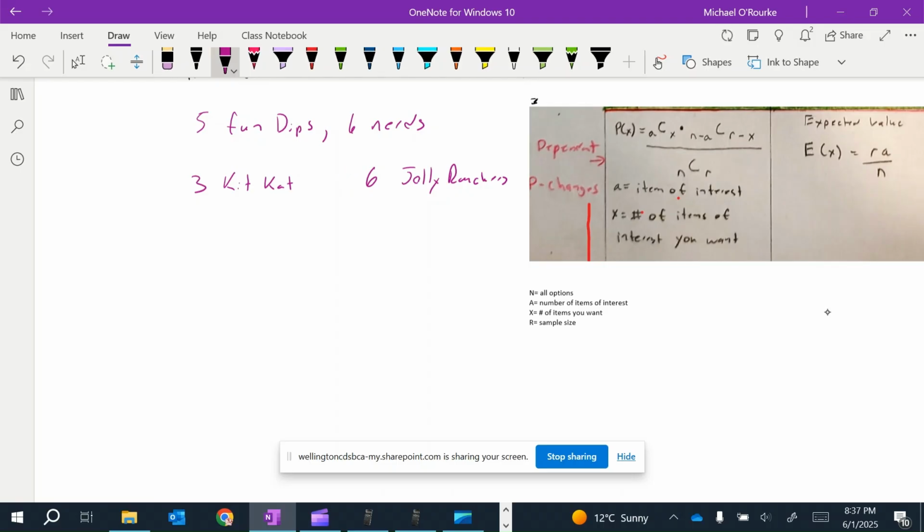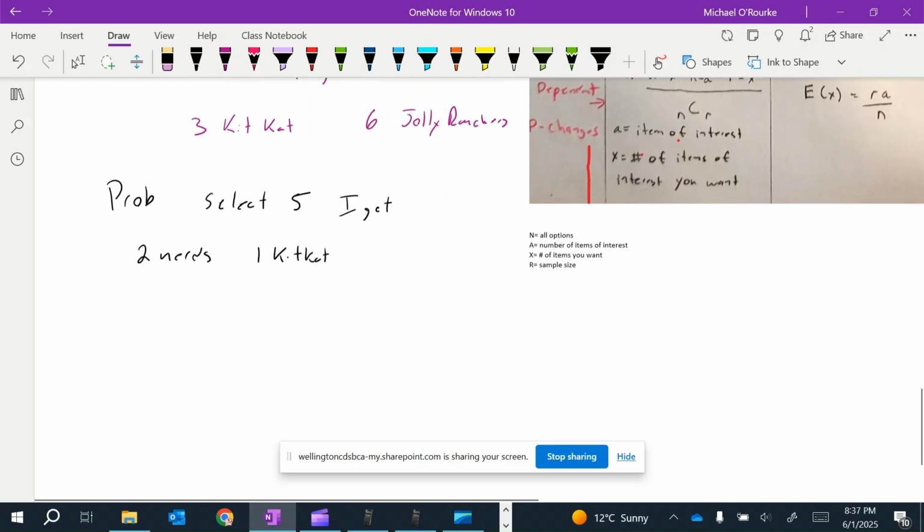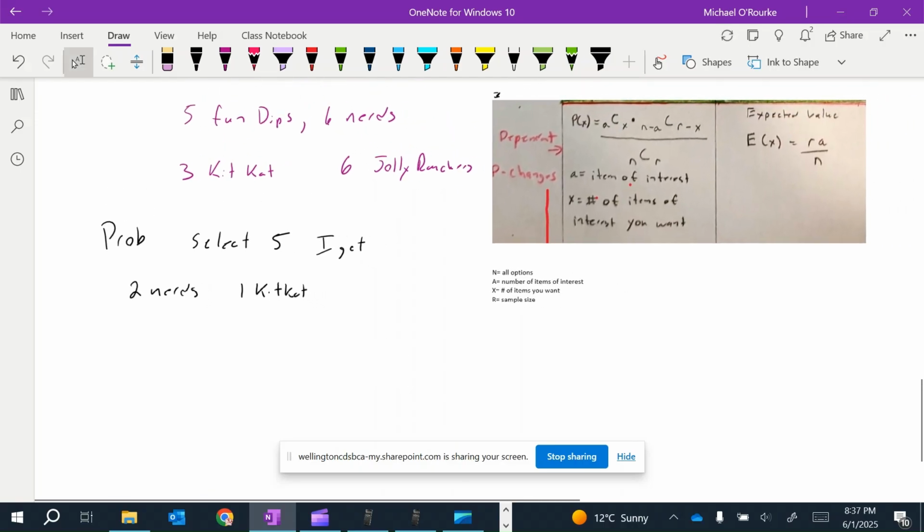What's the probability, if I select 5, that I get 2 Nerds and 1 Kit Kat? Right?